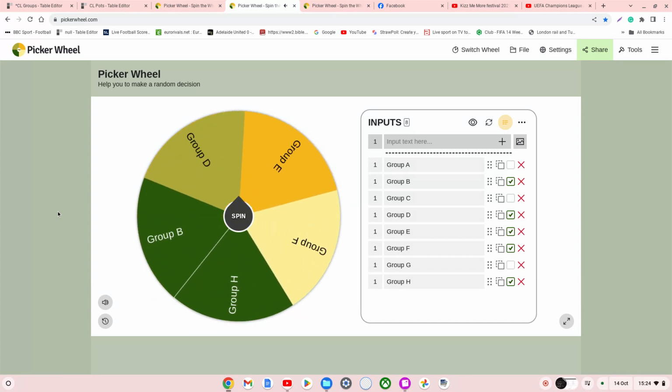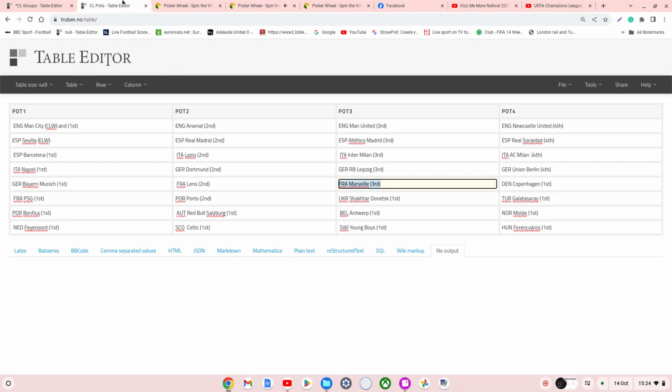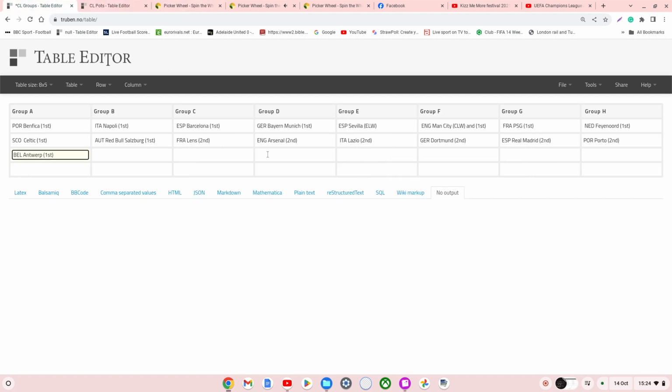And it's D. Group D for Marseille, and their opponents are Arsenal and Bayern Munich.